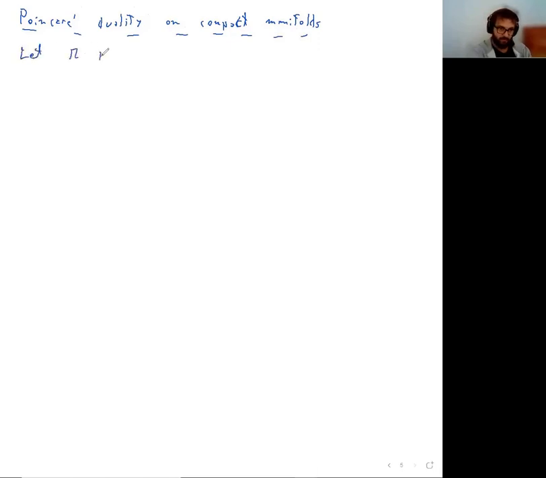So we take M to be a compact oriented manifold. So not just orientable, but oriented, in the sense that we picked an orientation. So dimension n.